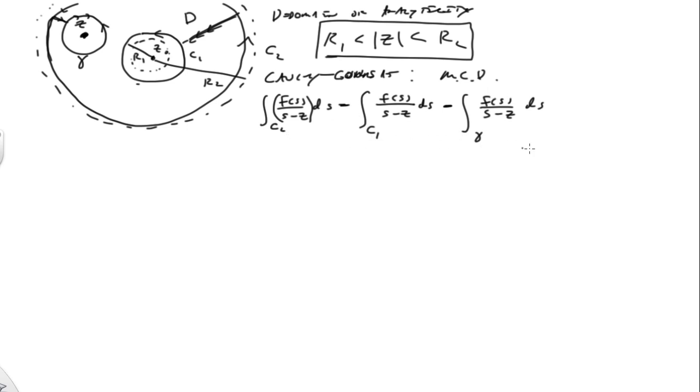And we should note then that these two integrands for these two particular contours are not analytic inside C1 or C2. But for this one, the integrand here is analytic.